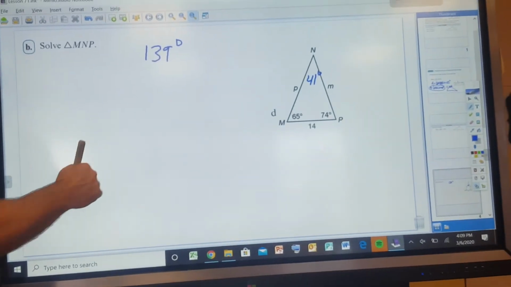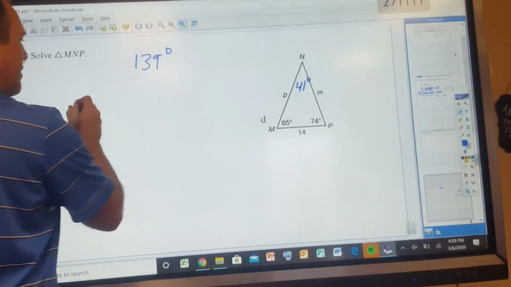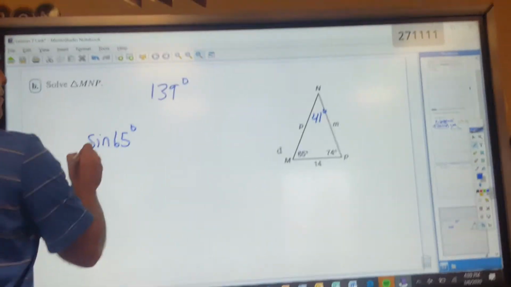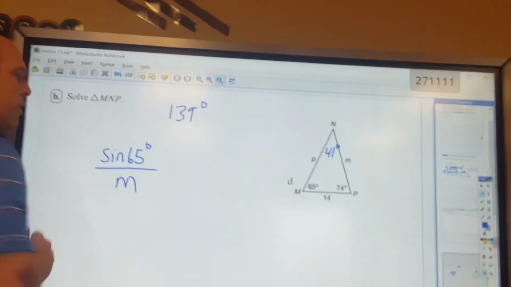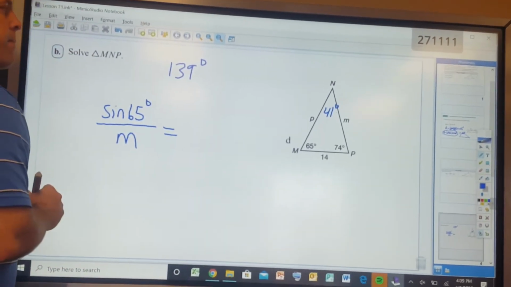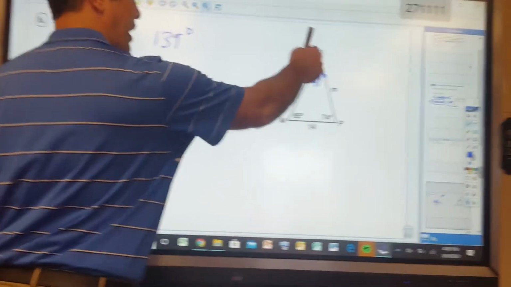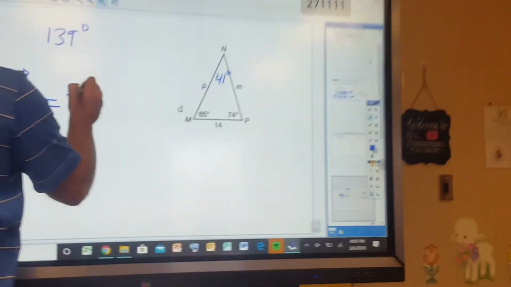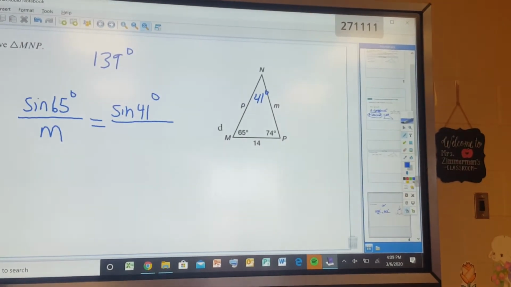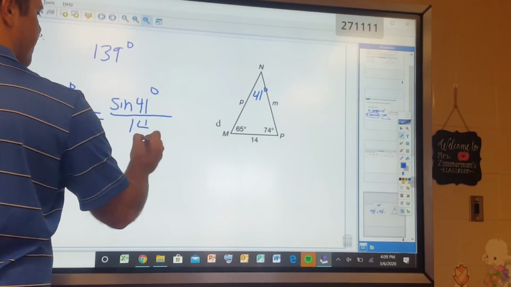All right, so we're going to use here the law of sines. We've got sine of 65, which is M, over m, equal to the pair that we have here, sine of 41 degrees over 14.